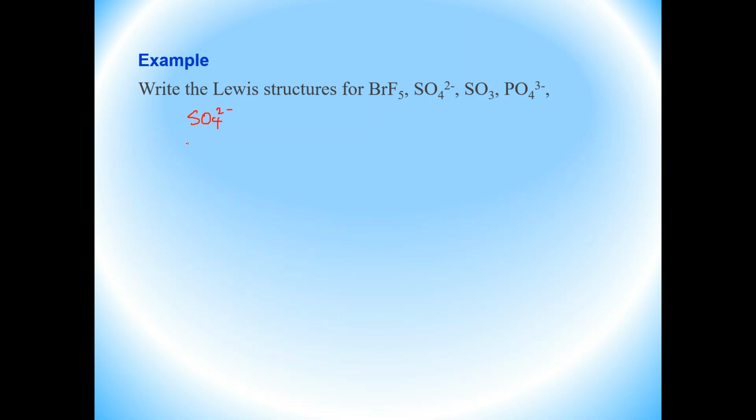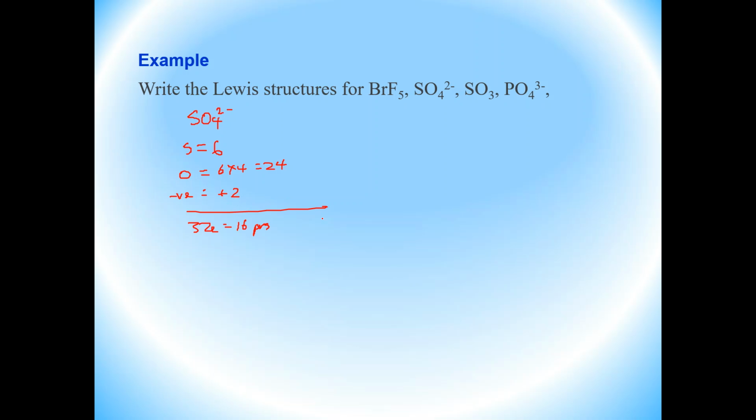Sulfur will contribute 6 electrons. Oxygen will contribute 6 each, times 4 gives you 24 electrons. And each negative charge will be responsible for 1 additional electron, so 2 electrons. Basically this gives you a grand total of 32 electrons, which is equal to 16 pairs.